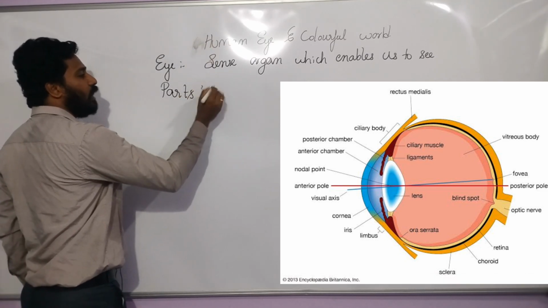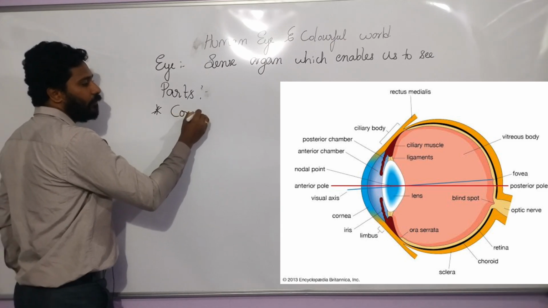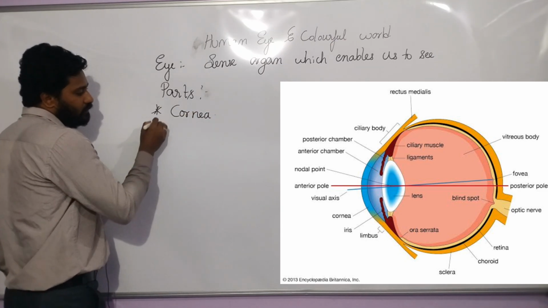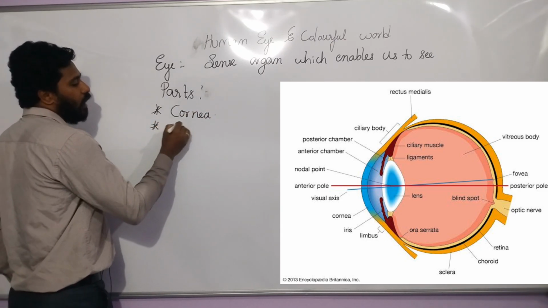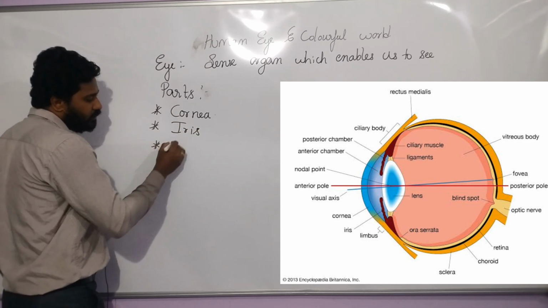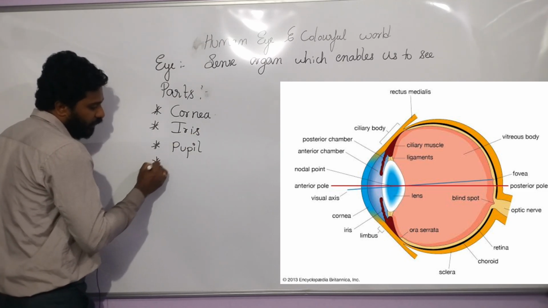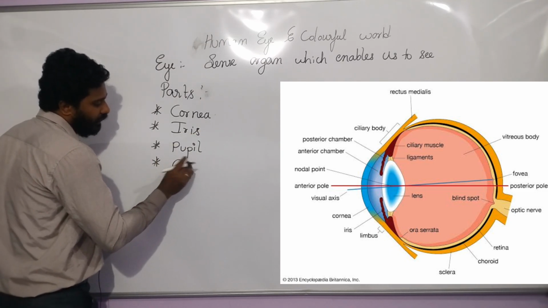The parts of the eye are: the first part is cornea, the second part is iris, the next one is pupil, and the next one is eye lens.